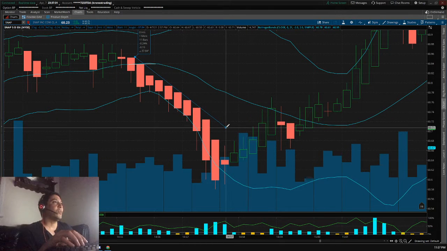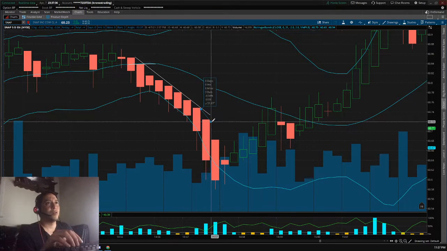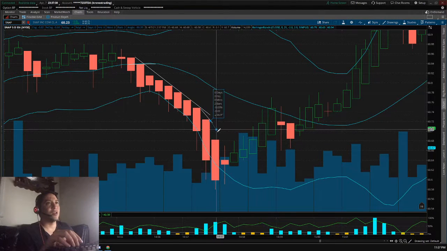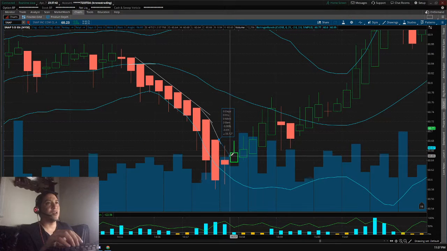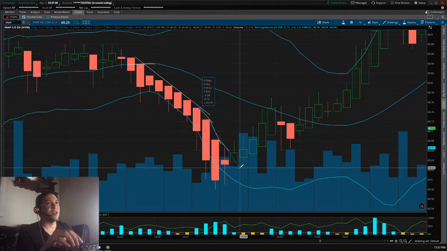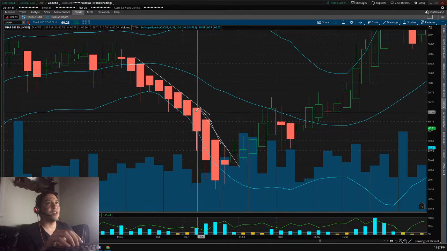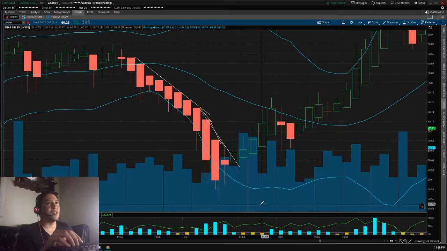And so as long as it doesn't break here, and of course this changes as it gets further down, but as long as it doesn't break, I guess something like this. I'm not really exactly sure. It's a calculation, but you get the idea. As long as it doesn't break that trend line right there, it's going to stay red.